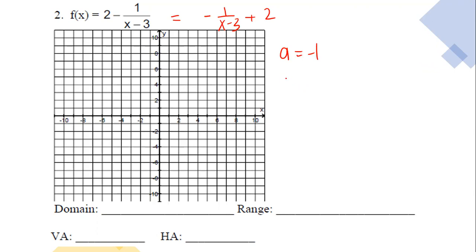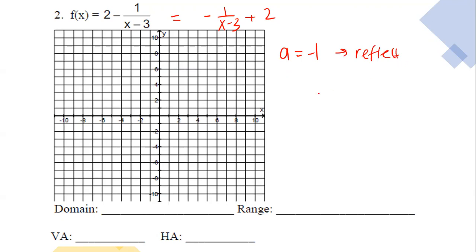It's my A. It's not my 2 that's negative, it's my A. My A is negative. There's a -1 over x minus 3. It said 2 minus 1 over x minus 3, and I said, let me help you and rewrite it for you. And there's a -1 right there. Casper the friendly 1. So A equals -1, which means that once everything's all said and done, what's going to happen to my points?